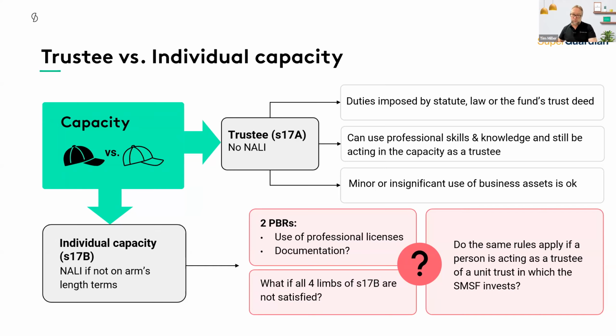And so ultimately, what we're then going down through is this whole concept of working out whether or not we are doing something in our trustee capacity, or whether we're doing something outside our trustee capacity, regardless how insignificant it is, or how menial the task might be. Are we doing something outside the scope of being the trustee of the fund? Because if we do that, then we're creating a potential problem for the fund.